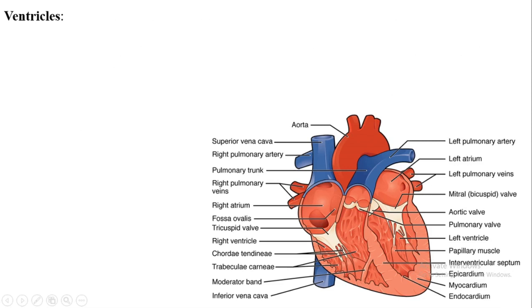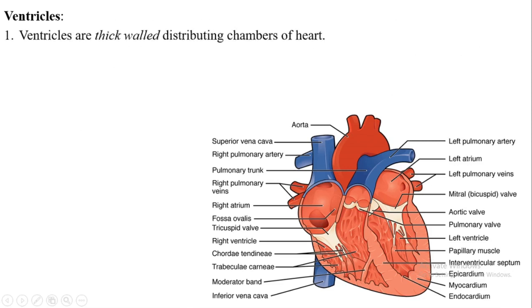Now about the ventricles. Now ventricles are lower thick walled distributing chambers of the heart. These are located on lower side. They are thick walled. Comparatively the wall of ventricle is thicker than the wall of auricles, and their function is to distribute blood to various parts of the body.